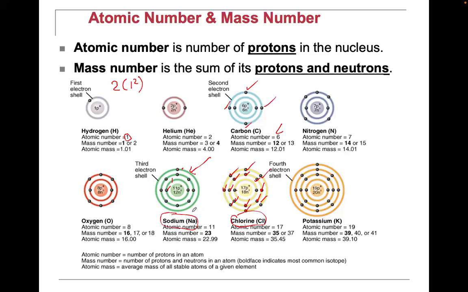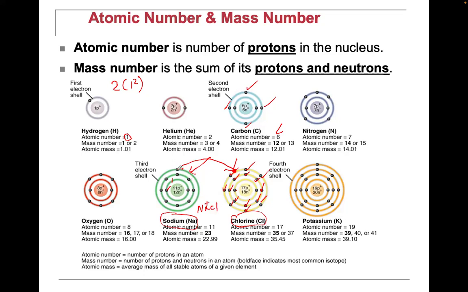Sodium isn't stable. But if these two join forces, this one can donate an electron. It can lose an electron to here. And that's exactly what happens. This loses the electron, this gains an electron, and then you bring sodium chloride together.